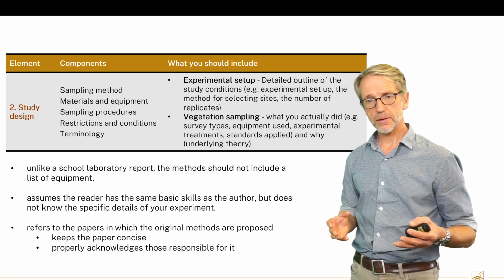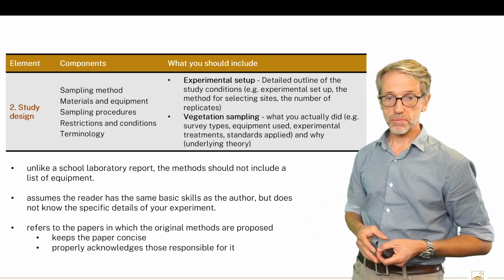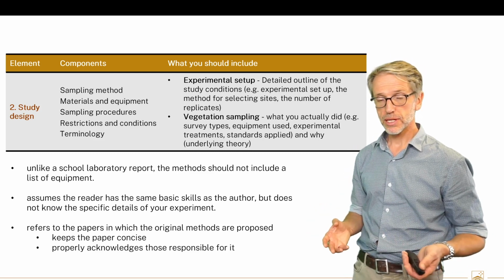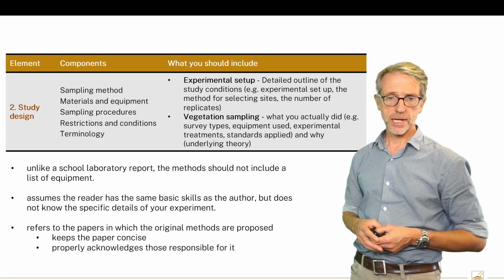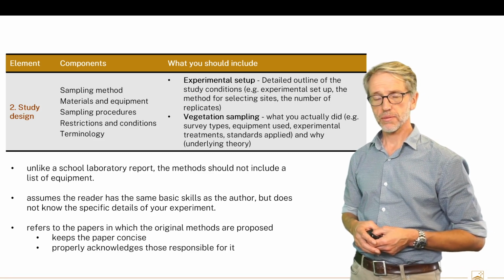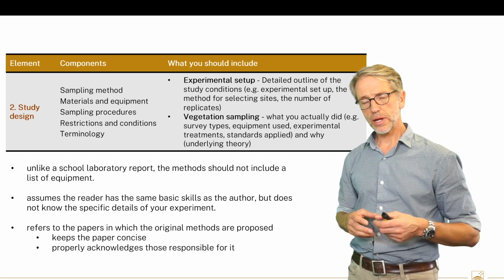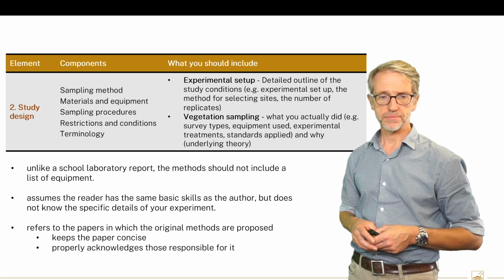Perhaps up until now, you've written very successfully, say, school lab reports or reports in college and so on. Now, a key thing to understand is that academic writing differs quite substantially from those kinds of reports. And one area in which that difference is quite clear is how methods are written.